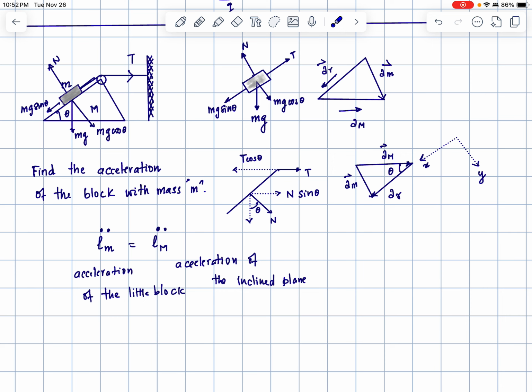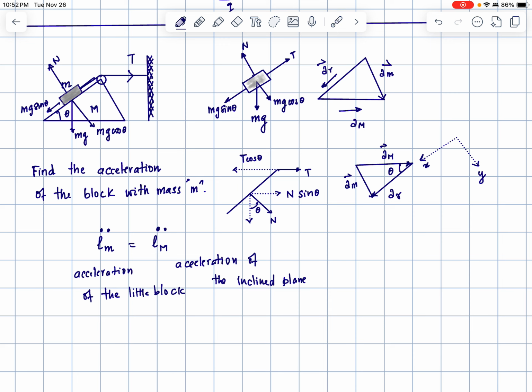But however, we are interested in the coordinate system that is fixed to the ground. Okay, that's the important part. The coordinate system is fixed to the ground, but the x here points downwards and the y points perpendicular to the inclined plane. So the x is along the inclined plane and y is perpendicular to the inclined plane.